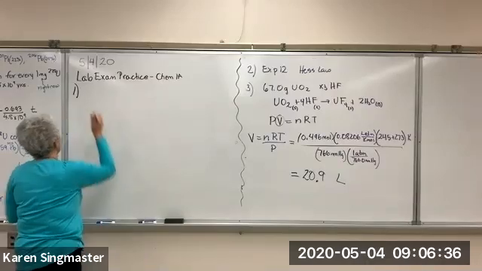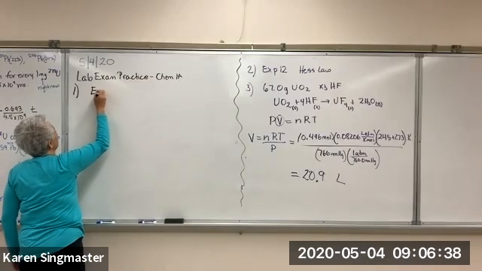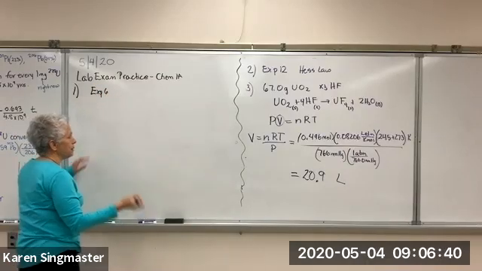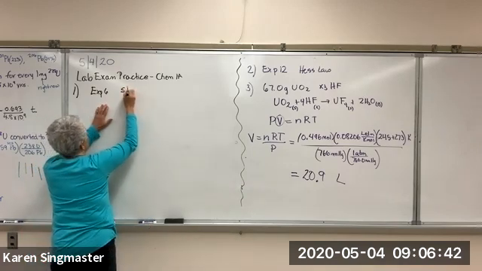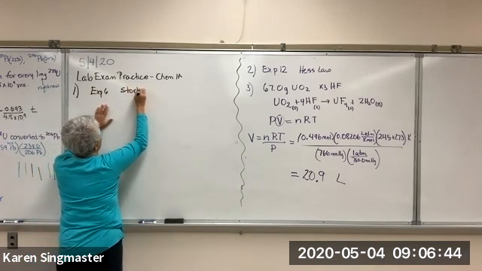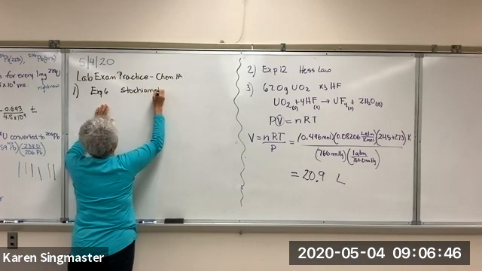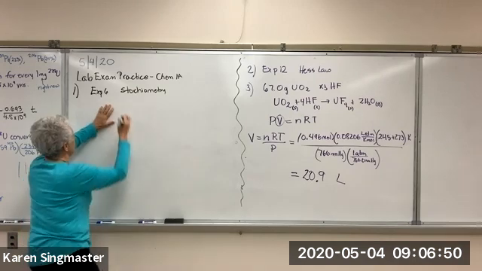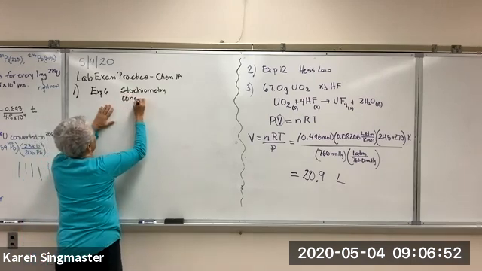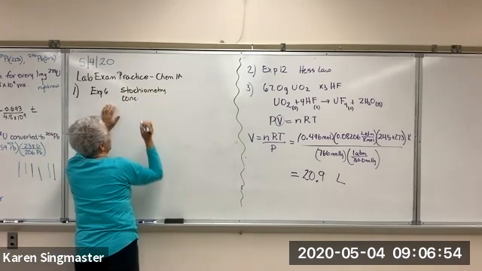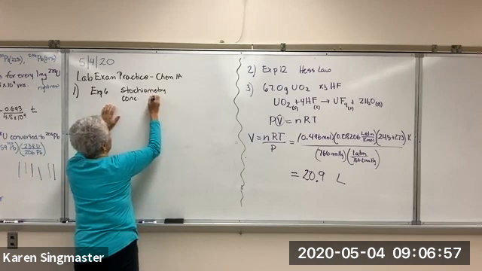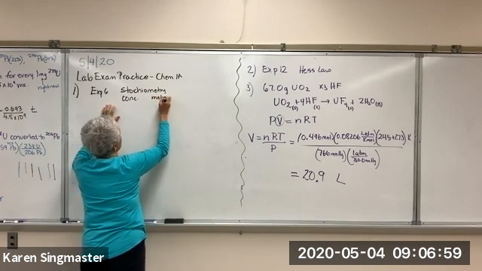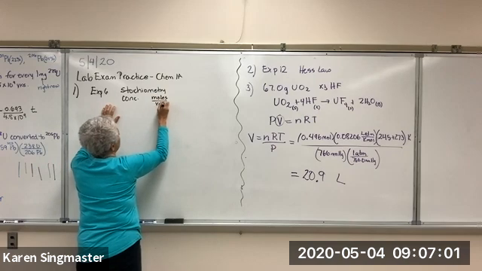Really quickly, experiment 6 is stoichiometry. We just did some stoichiometry here with UO2, so you know how to do that. Concentration had molarity, so molarity is moles over volume.